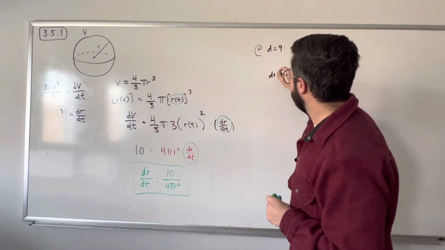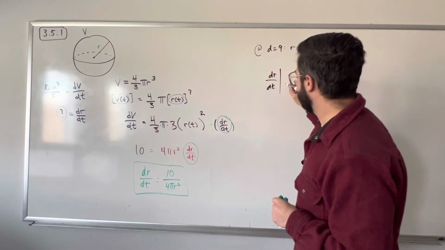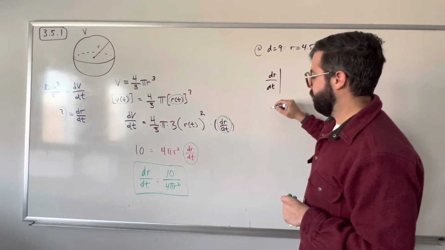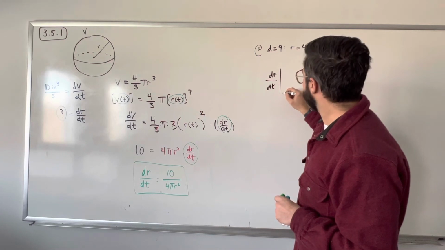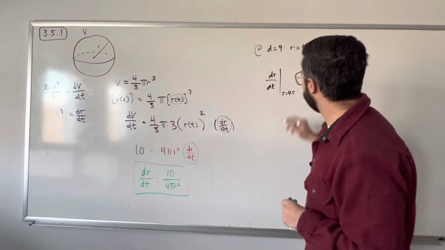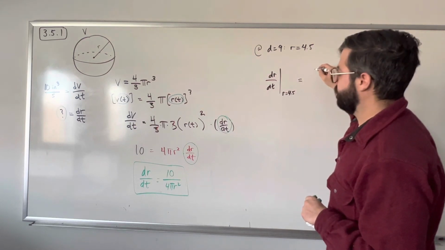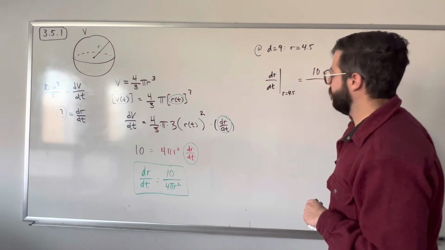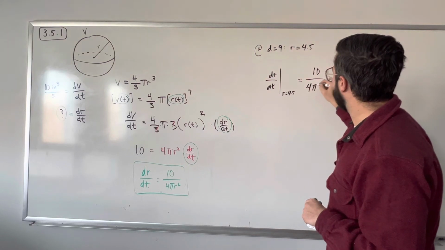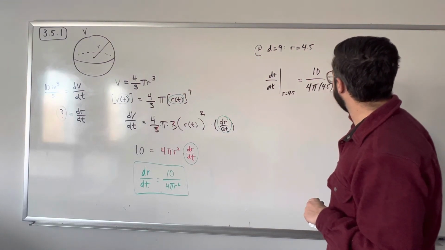So dr/dt at r equals 4.5 is 10 over 4π times 4.5 squared.